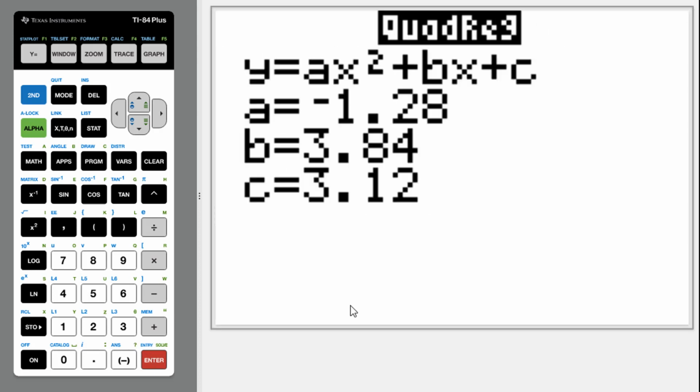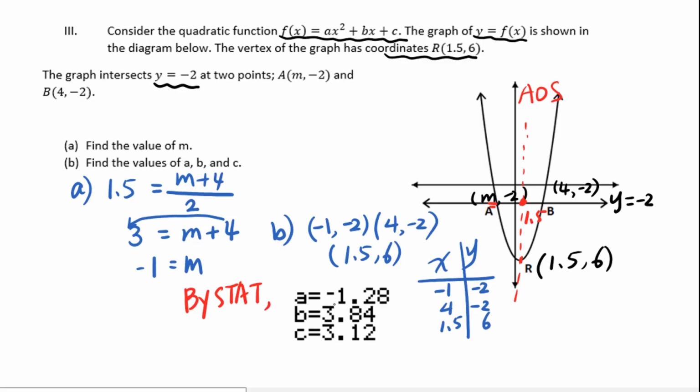You will get A is -1.28, B is 3.84, C equals 3.12. You don't have to change this into fraction because this is a limited decimal, which is an accurate answer. A equals -1.28, B is 3.84, C is 3.12.